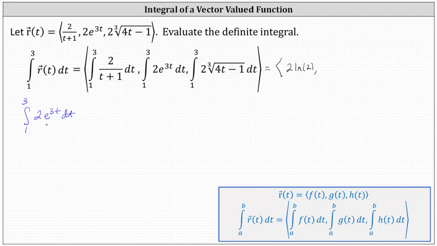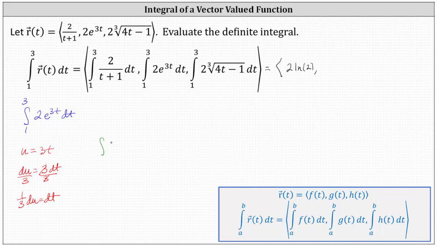Again, because we don't have e to the t, we have e to the 3t, we need to perform u substitution, where u is equal to 3t, and therefore du is equal to 3 dt. Notice we have 2 dt, not 3 dt. Let's go ahead and solve this equation for dt by dividing both sides by 3, which indicates 1/3 du equals dt. And again, let's write the integral in terms of u.